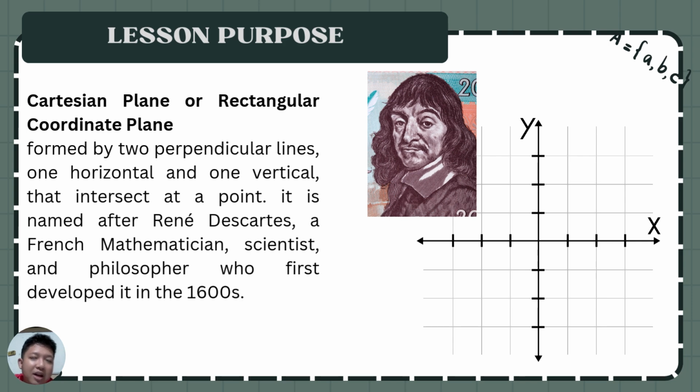René Descartes wondered what the exact location of the insect or mosquito was. That moment is when the idea of the Cartesian plane came from.